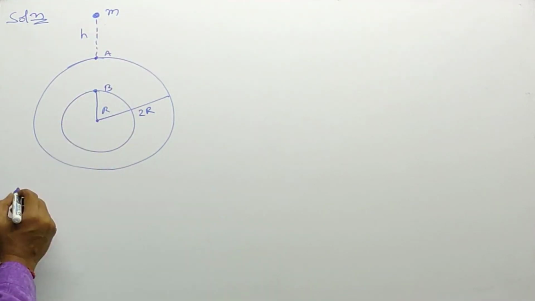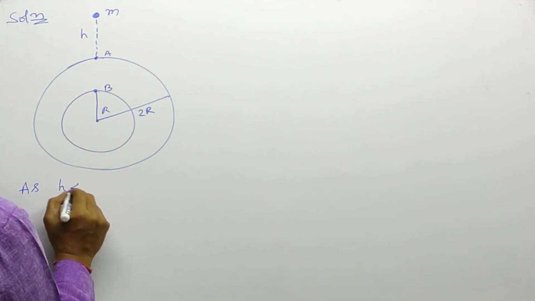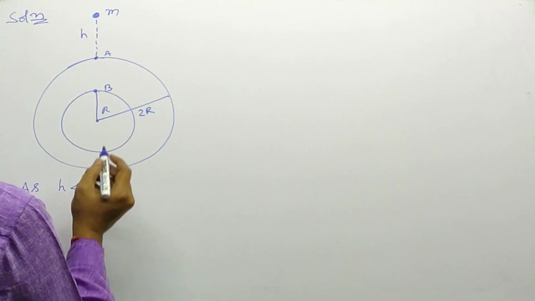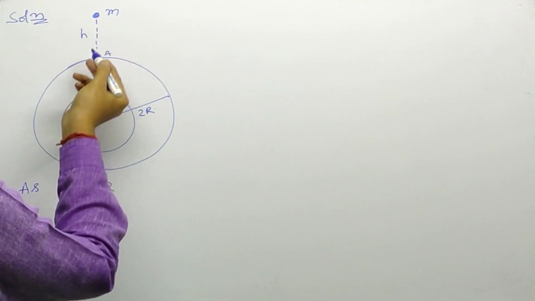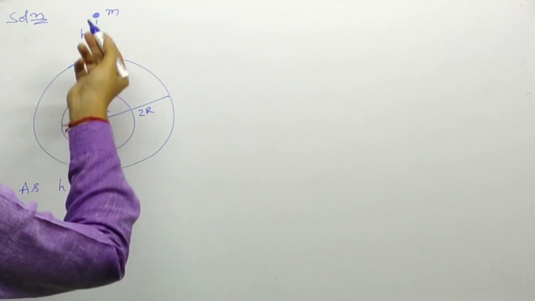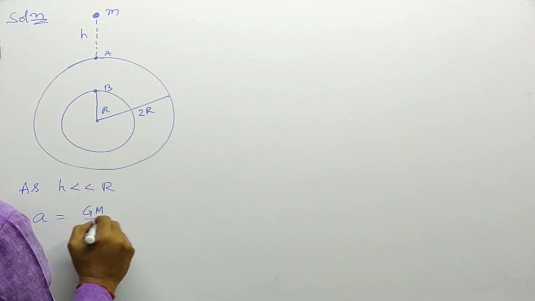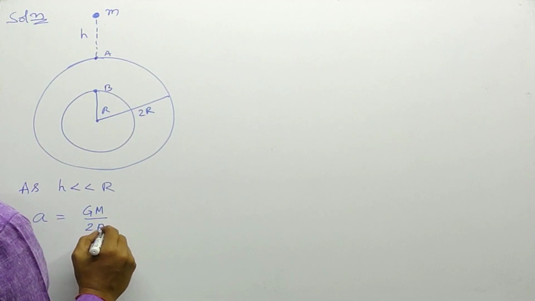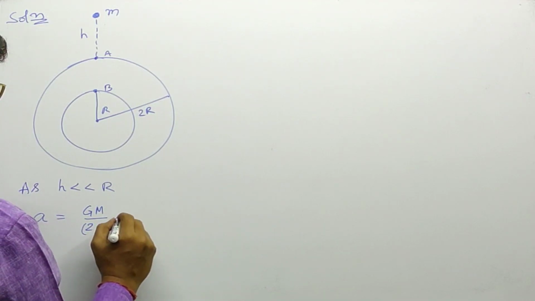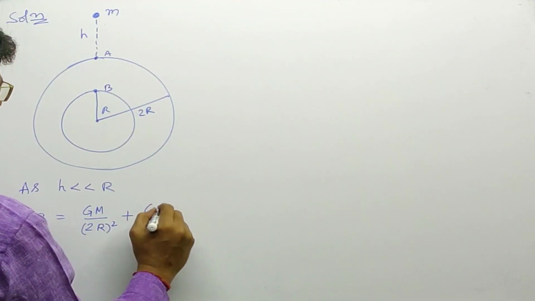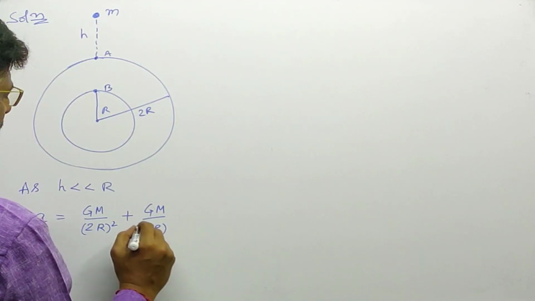That is the question. As the height is very small, the acceleration at the highest point and the acceleration at A are taken as the same. That is, total acceleration is equal to G M by (2r) whole square plus G M by (2r) whole square.